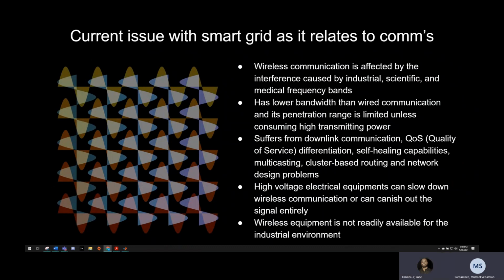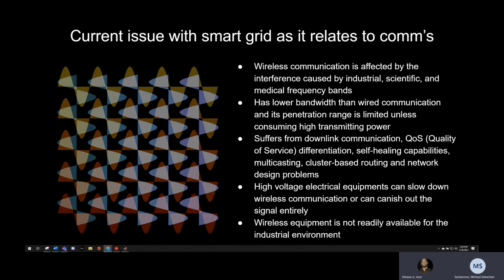So some current issues with smart grid as it relates to communications. We have wireless communication is affected by the interference caused by industrial, scientific, and medical frequency bands. It has a lower bandwidth than wire communication, and its penetration range is limited unless consuming high transmitting power.